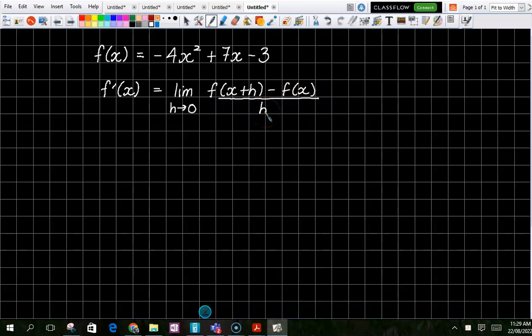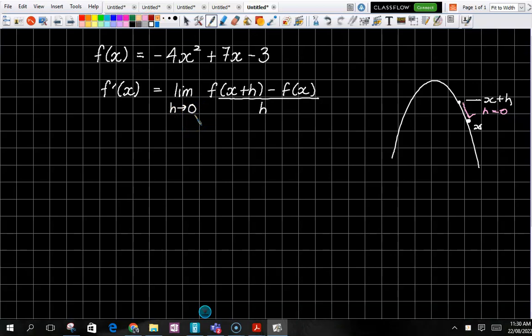Basically, we've got a quadratic, there's some point here, let's call that point x, and then there's some point a little bit further away, so x plus h, h units away, and we want to make this come closer and closer until h is actually 0, so we get the slope at that point. Happy with that?